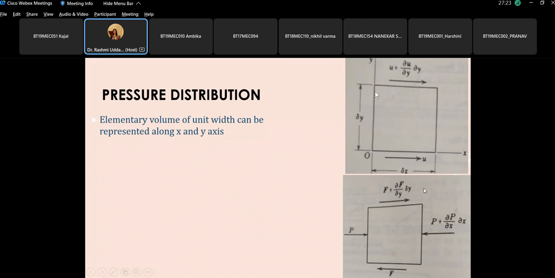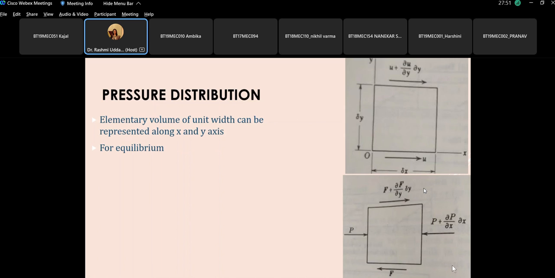And after some height del y, the velocity is little larger, assuming the moving surface is here and the fixed surface is here. So if the velocity here is u, after a distance del y, the velocity is little higher, which is proportional to its height. So this velocity becomes u plus del u by del y into del y, with a little increment after this much distance.